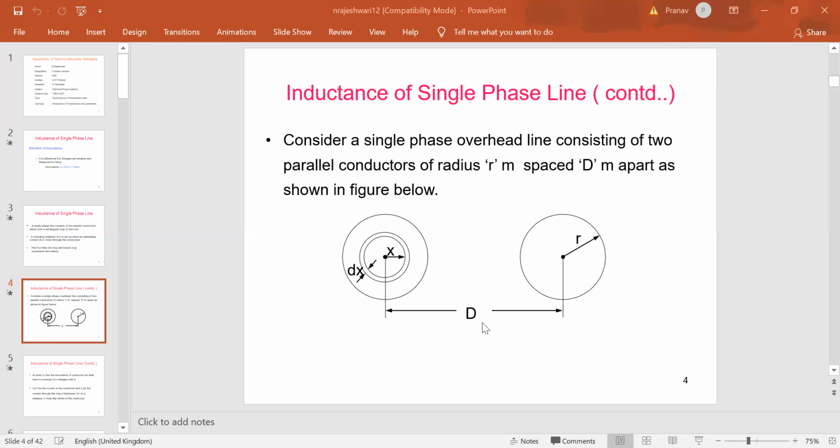Capital D is the spacing between the two parallel conductors, and x is the distance of the inner ring. This is the smallest distance, as the radius of the parallel conductor is small. These two conductors are placed in a parallel manner.